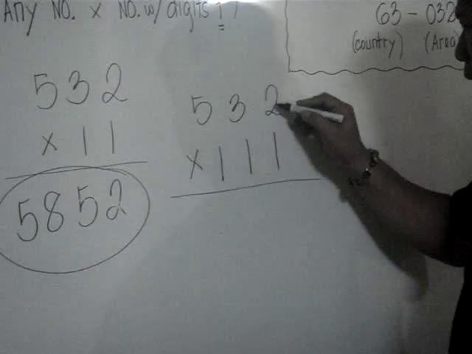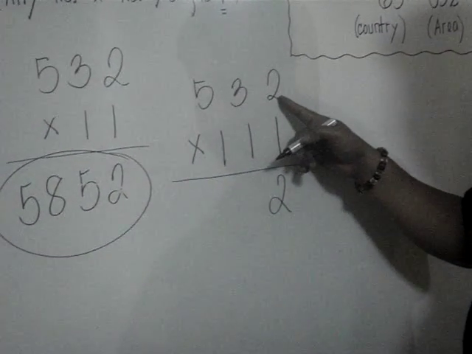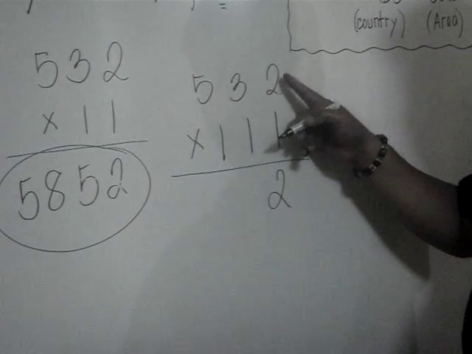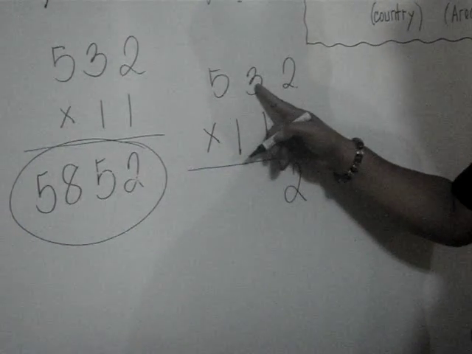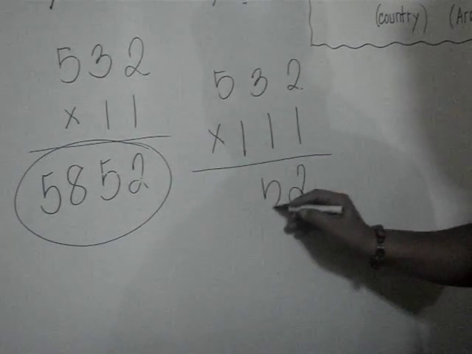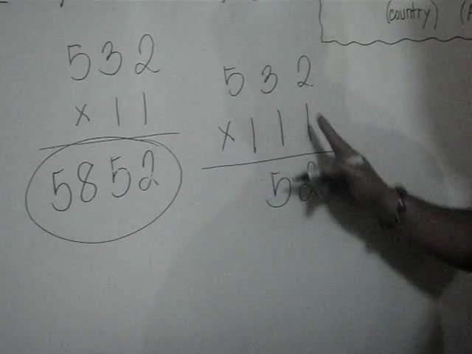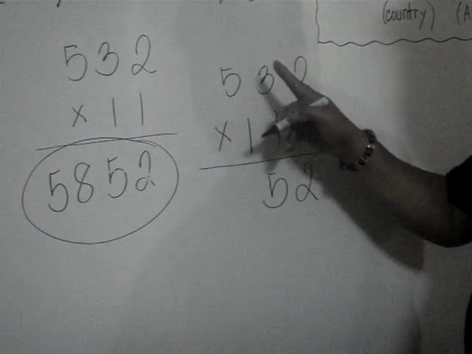So first, rewrite the 2 of our multiplicand. Then after 1, you have 2 here, so you add these two, and that will give you 5. Then taking 3 digits here, since there are 3, you can still proceed to 3 digits.